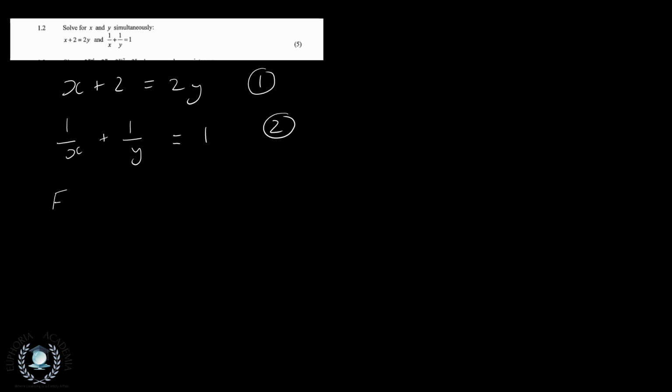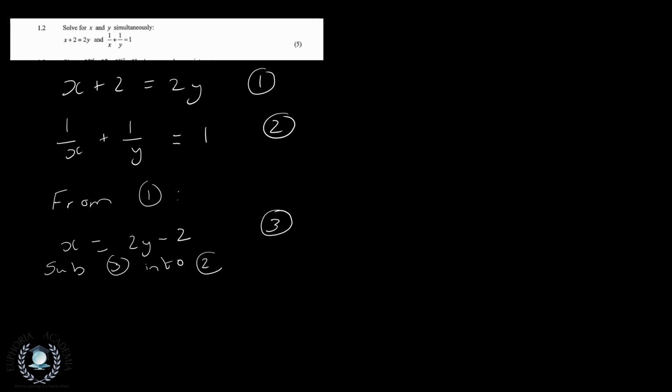So let's do that. So from equation 1, we have that x is equal to 2y minus 2, and that will be equation 3. Now we're going to substitute equation 3 into equation 2. I'm going to find that we're going to have 1 over 2y minus 2 plus 1 over y being equal to 1.